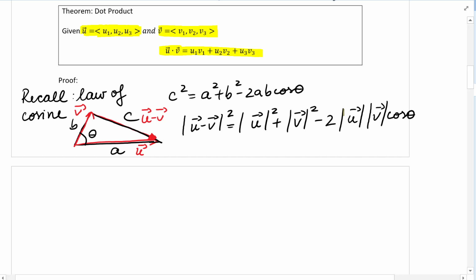Now this, we know from the definition of the dot product, is actually u dot v. So let's see what we get.